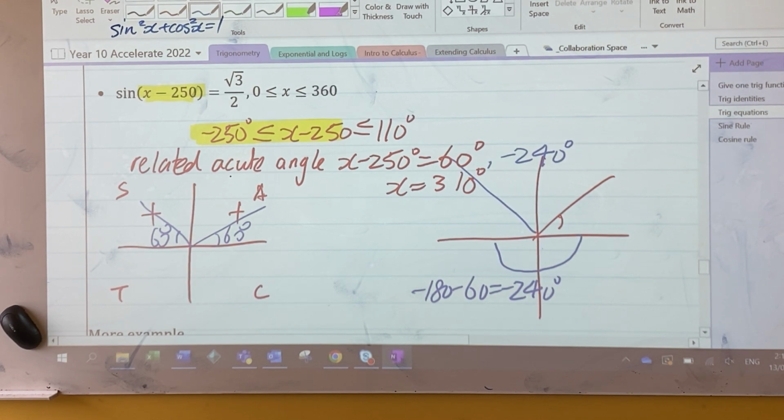So how do I solve for this one? x minus 250 is minus 240, x is 10 degrees. Then you finish. Your final answer is two answers: 310 and 10 degrees.